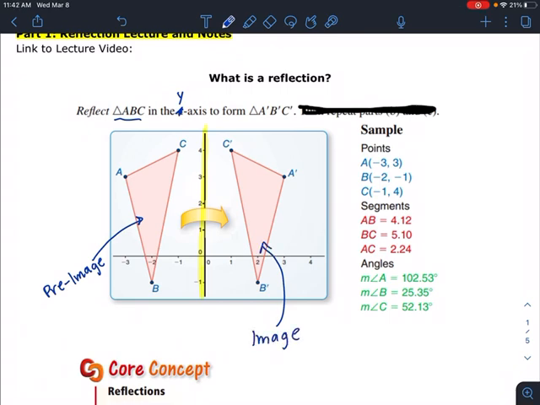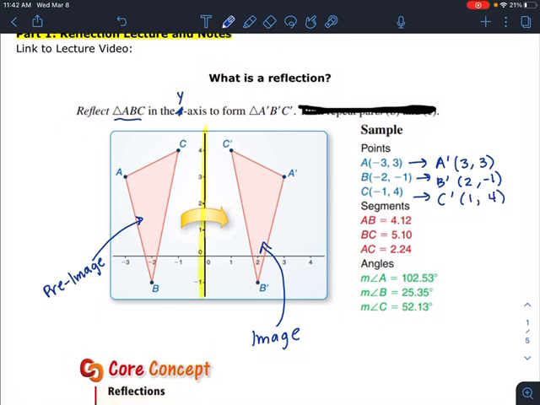So if we're looking at our points, A is (-3, 3), but now A prime is (3, 3). B prime is now going to be (2, -1), and C prime is going to be (1, 4).